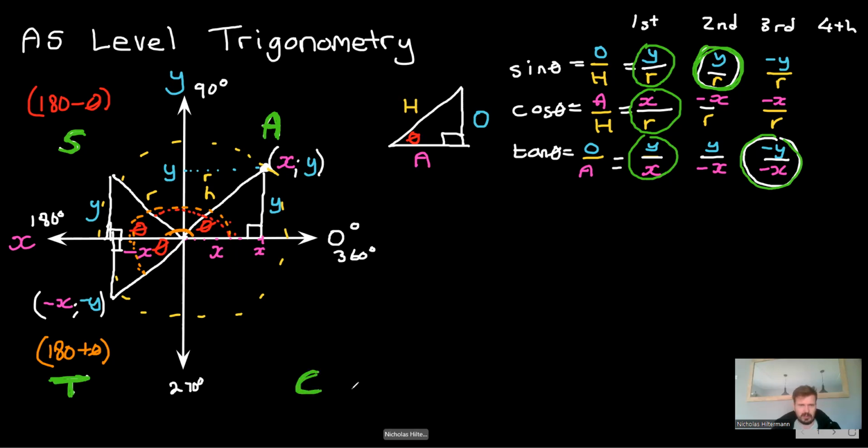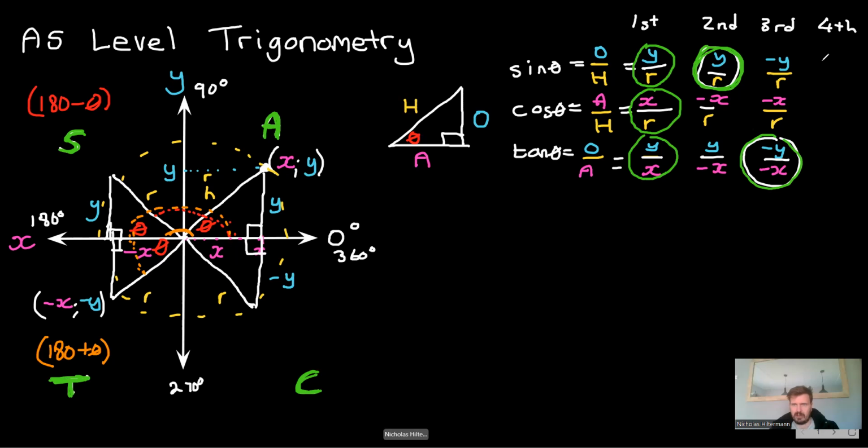Well, the fourth quadrant, if we were to draw this triangle again here too, the radius is positive again. But now what's negative? The y is negative, negative y. And the x is positive, we see the x is positive.